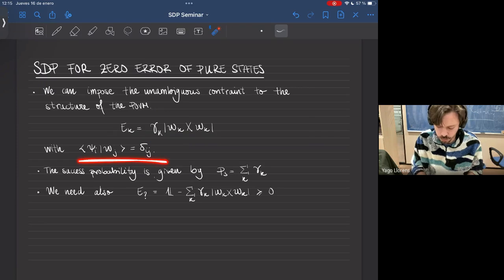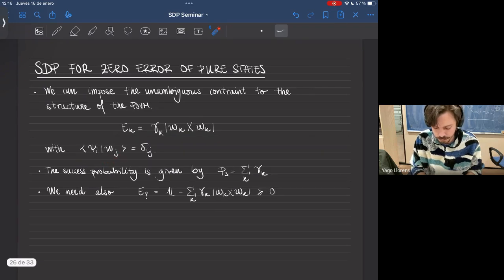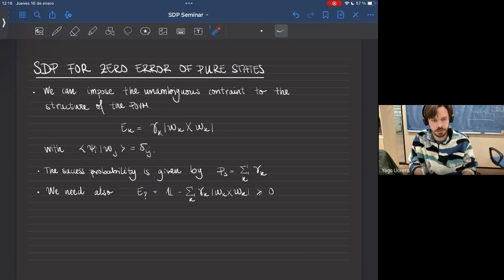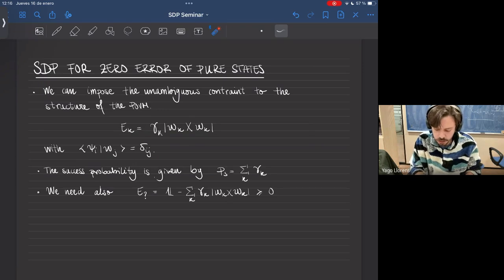Given that the overlap between the hypothesis and the projector of the measurement is equal to 1 if they are the same, or 0 if they are different, which is what we want, the success probability is not always equal to 1, because we have this scalar, and it's given by the sum of these scalars. And we also need the question mark element, the I-don't-know answer, to be positive.